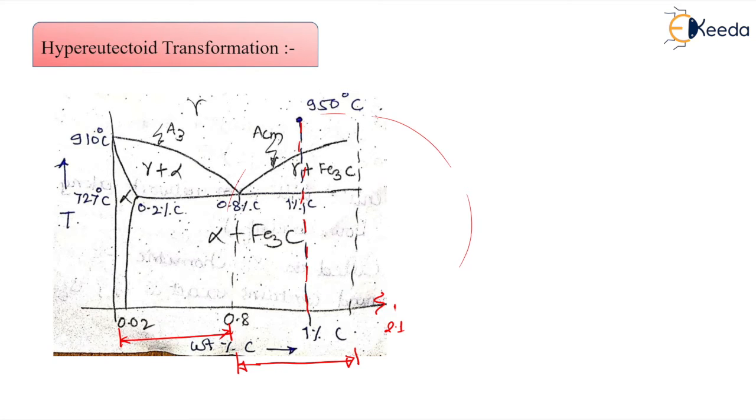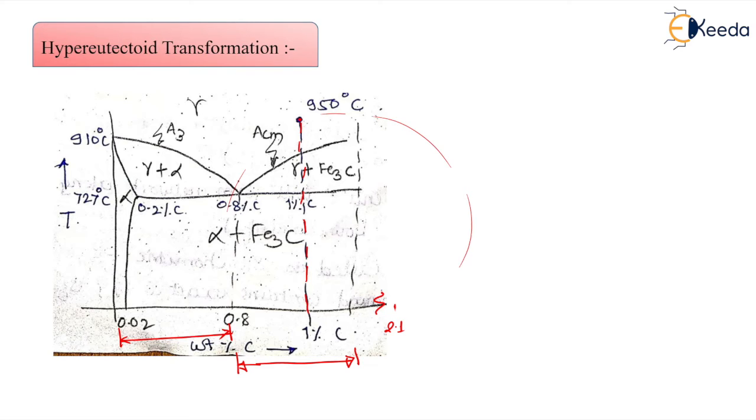In the same region we have reached 950 degrees centigrade, where everything is gamma austenite, still having 1% carbon.